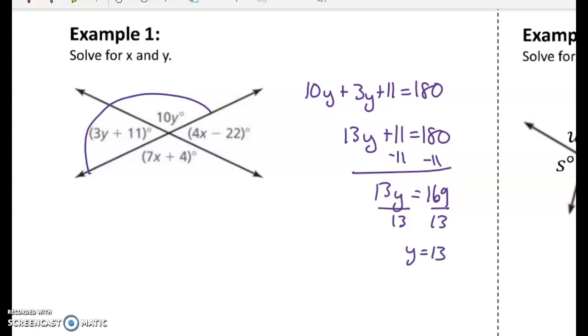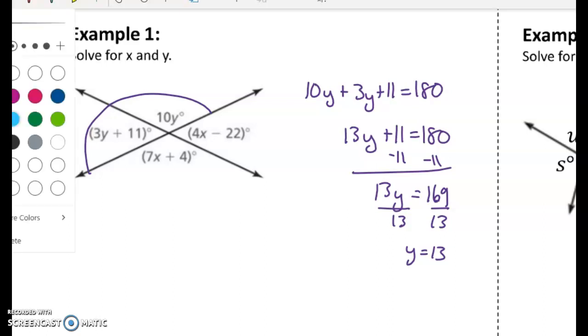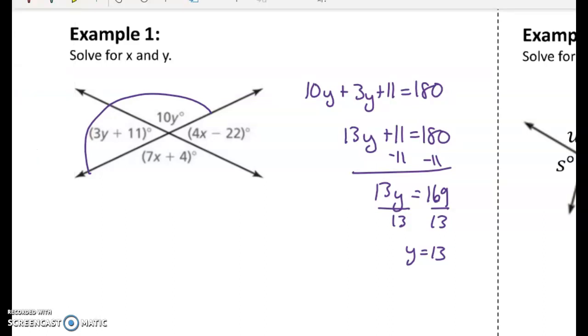Okay. So that's y. Now I want to also find x. If I take a look here, these two angles right here both have x's in them, and together they form a linear pair. So linear pair means they add up and equal 180 degrees.